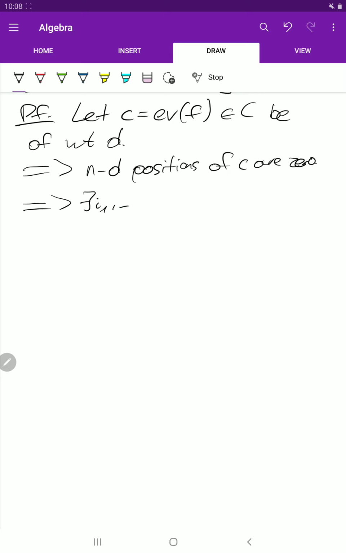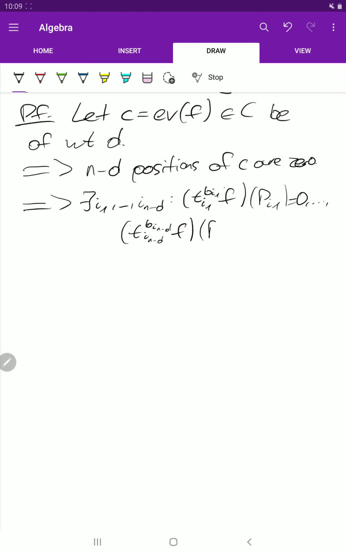So this i_1 to i_{n-d} are just these positions. So namely, we want to have that f evaluated at P_{i_1} is 0, and so on up to f evaluated at P_{i_{n-d}} is 0.